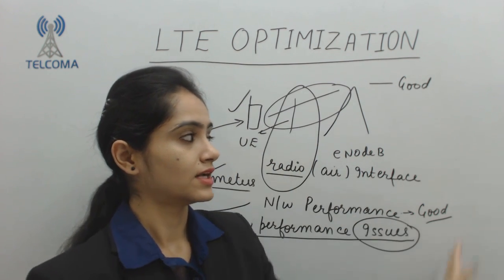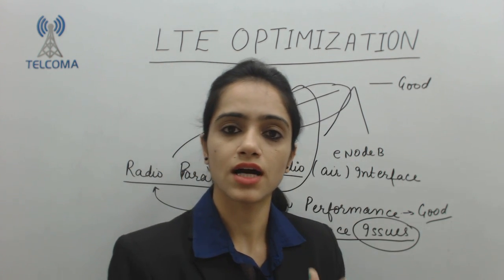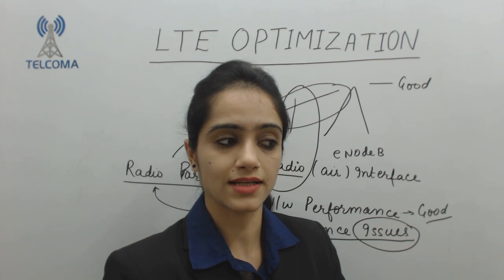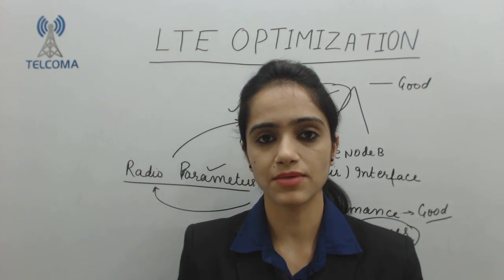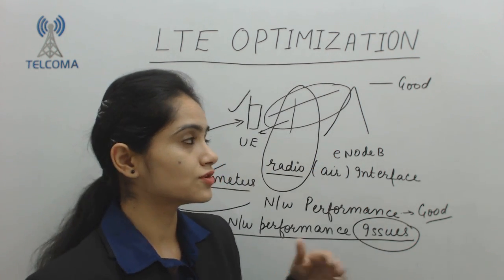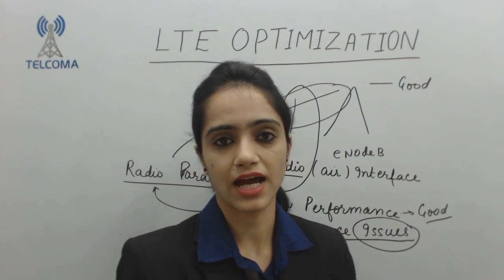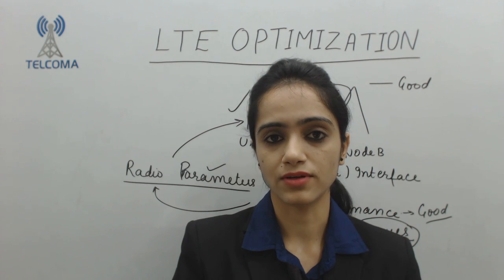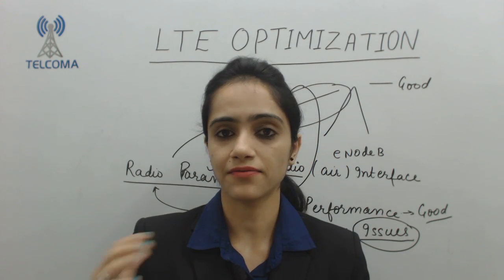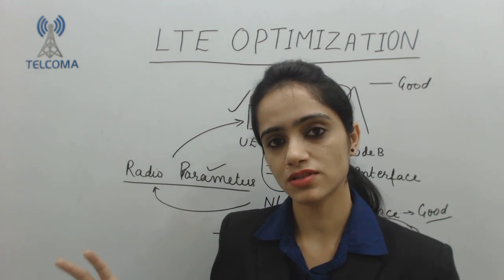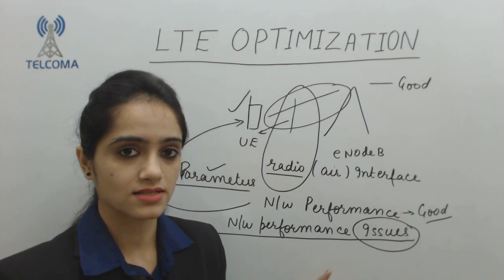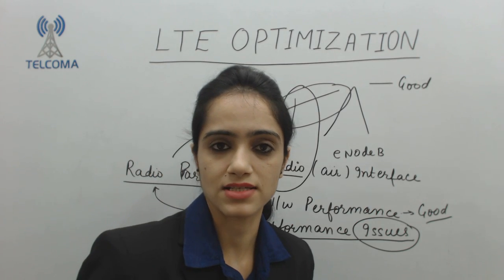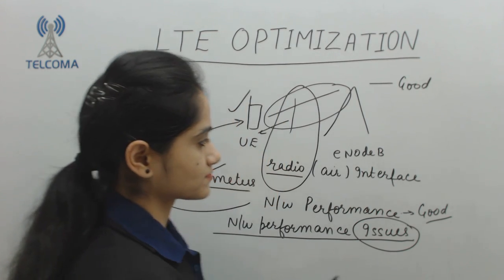As I have deployed the network, it is not always 100% accurate. It will have some issues, so there should be regular optimization to remove them. Finding issues and solutions is the work of the optimizer, and the process is the optimization process.